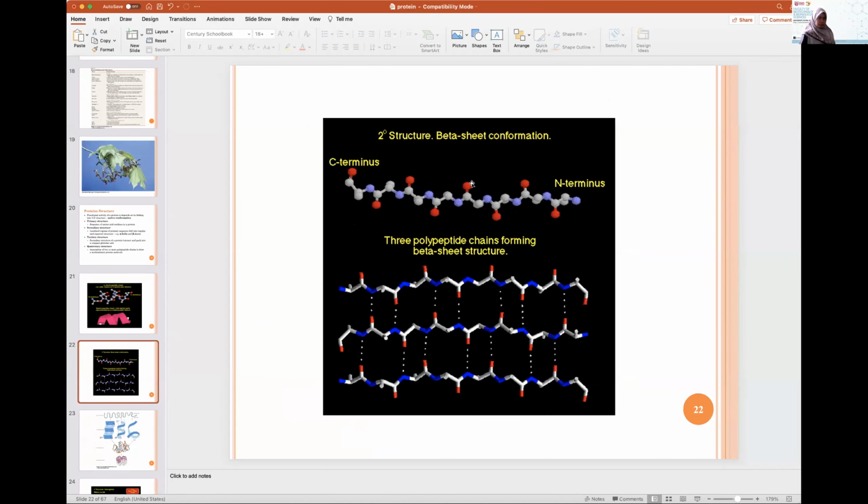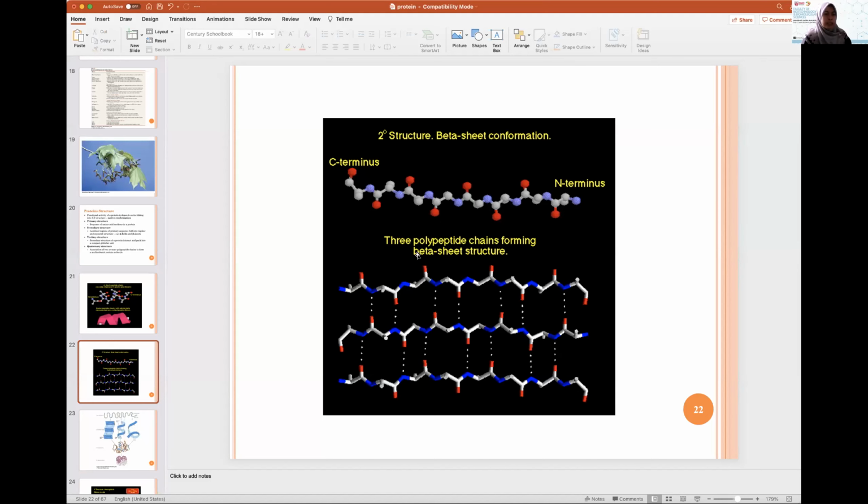So this is the secondary structure for beta sheet conformation. You can see here we have the N-terminus to C-terminus. It is not a must to start from left to right. It depends on the amino group, the first amino group will be the N-terminal, and the one at the end will be the C-terminal.